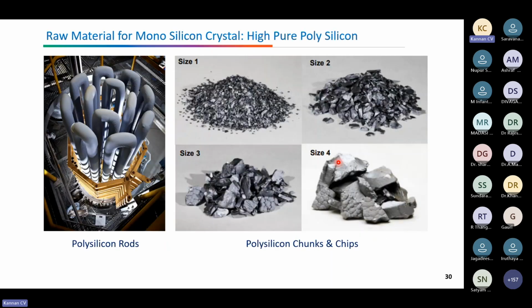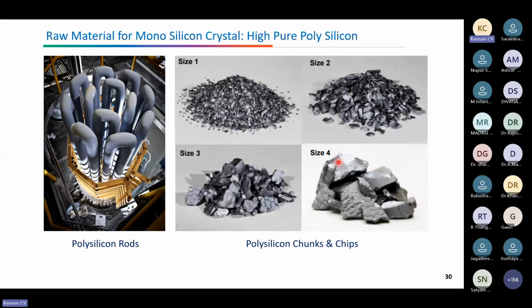Before I get into that, we will also discuss more elaborately the different steps involved in industrial scale silicon crystal growth. As I said, high purity polysilicon is mainly used to grow crystals in the CZ process.